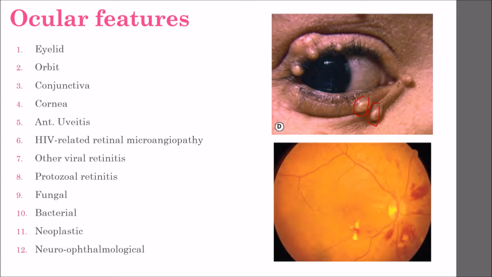Then coming to the orbit, atypical orbital cellulitis, usually caused by fungal infections in AIDS, is caused by aspergillosis, contiguous sinus infection, and B-cell lymphoma, as I already mentioned.